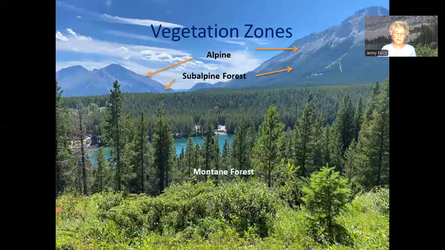As I've mentioned in previous videos, in the vicinity of the Great Divide, altitude creates 3 major vegetation zones. Animals have the advantage of being able to move across these different vegetation zones.